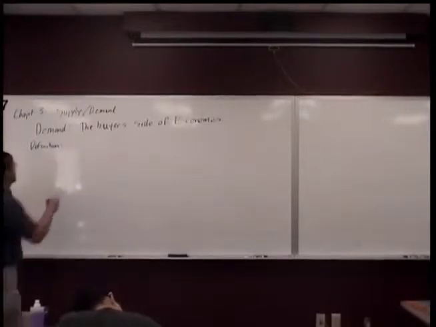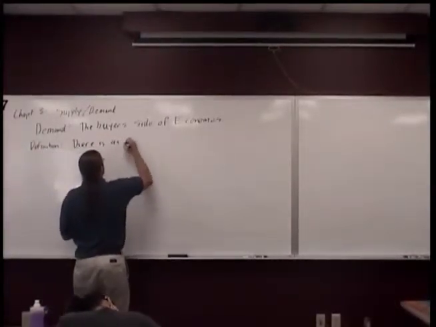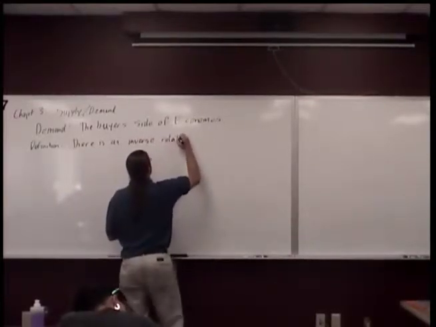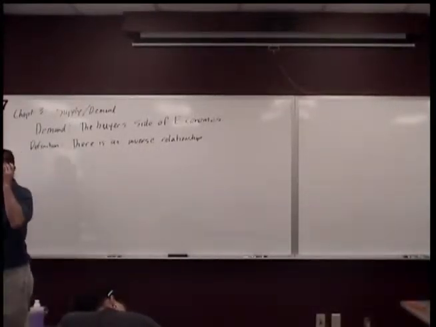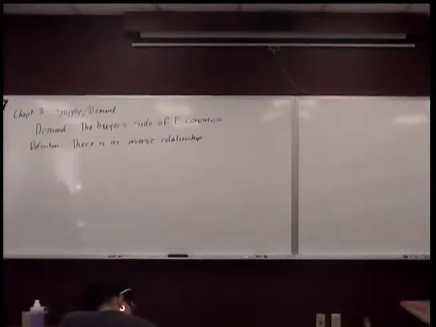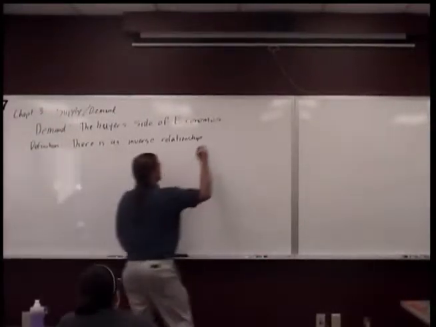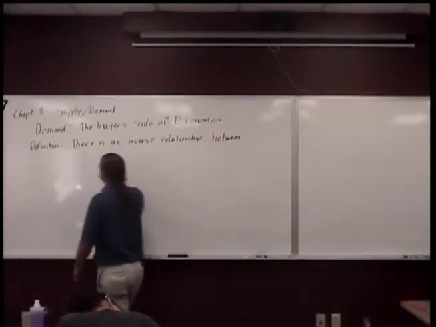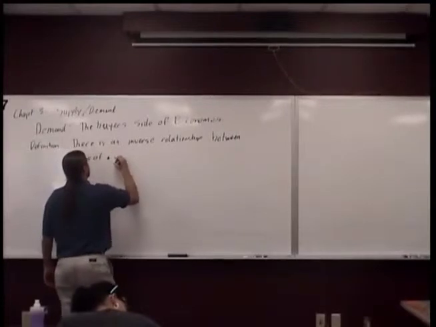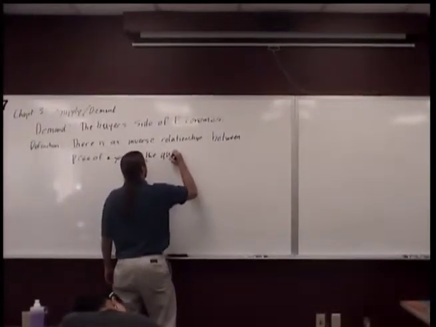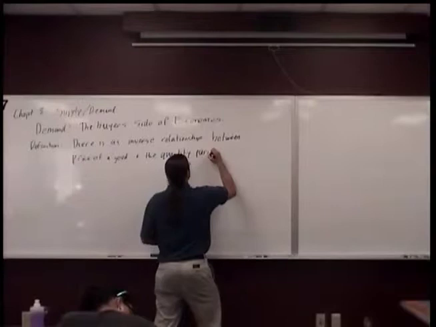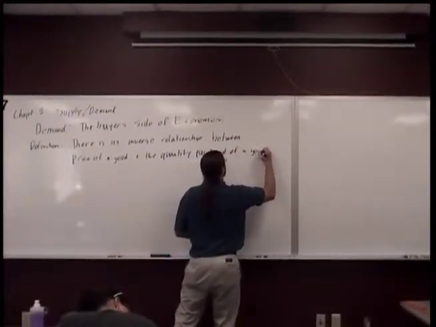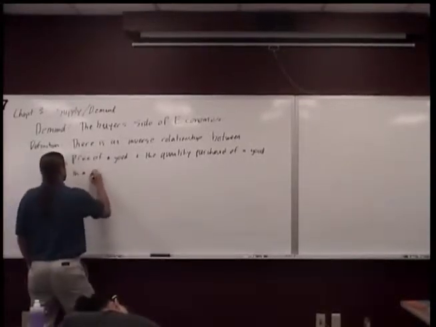So the definition of demand, just so that you have it, is that there is an inverse relationship. Before I go forward, what does inverse relationship mean to you? Backwards. Yeah, backwards, or a downward sloping line, if you think back to the appendix in chapter 1. So there is an inverse relationship between the price of a good and the quantity purchased of a good in a given time period.